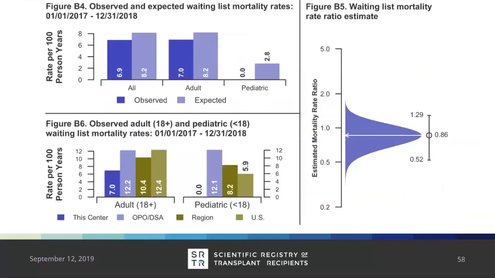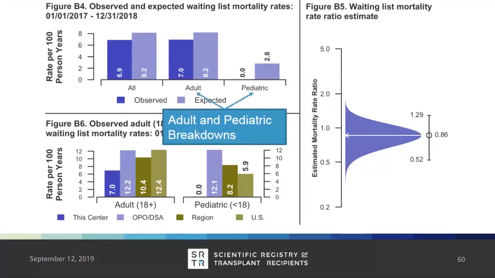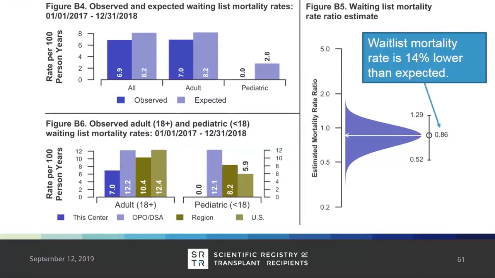And that is shown here in the following figure in the program-specific report, 6.9 deaths per 100 person years of waiting at this program. And we have an expected, and we split this by adult and pediatrics, and we convert the O to E to an estimated mortality rate ratio, in this case 0.86.